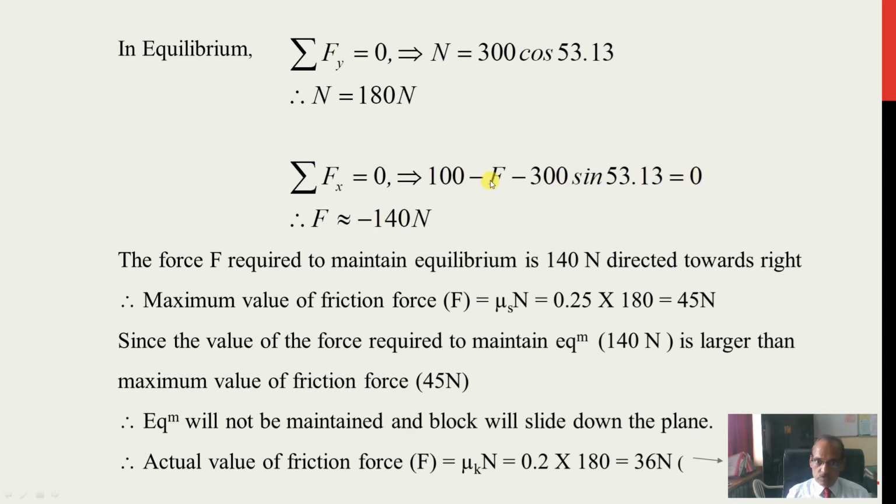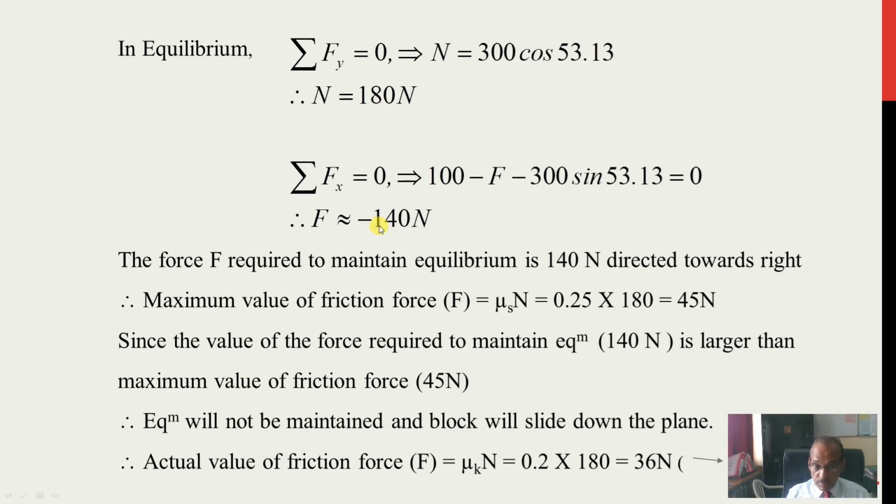Okay, so here F we know is mu times N. If you substitute the static friction 0.25, you will get F required. This F is the required frictional force to maintain the equilibrium of the block.